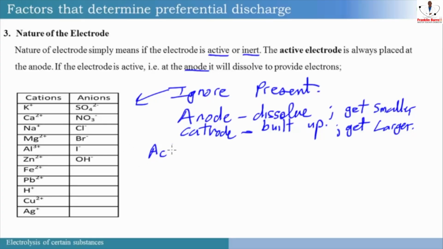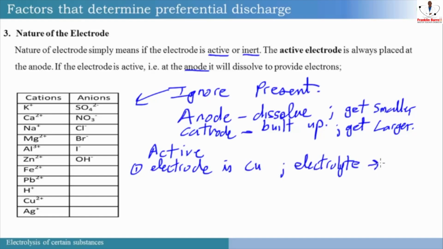So as long as you are active, 1, you must be a metal that is a metal of the electrolyte. For example, if your electrode is copper, then your electrolyte must be copper 2 sulfate. If your electrode is silver, then your electrolyte must be silver nitrate.